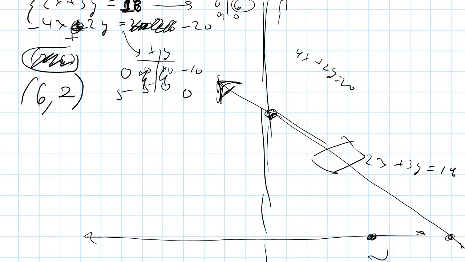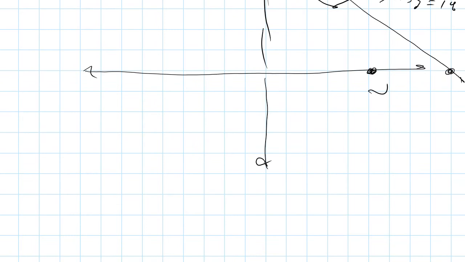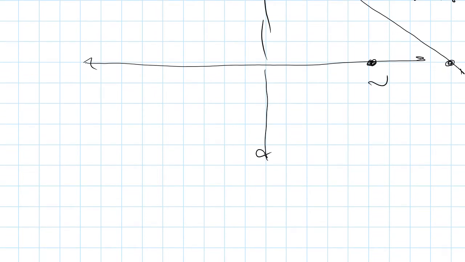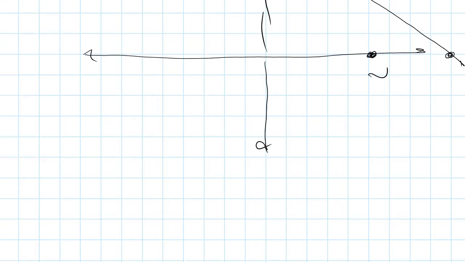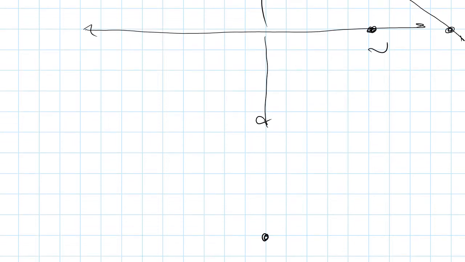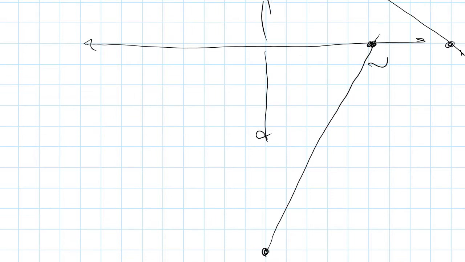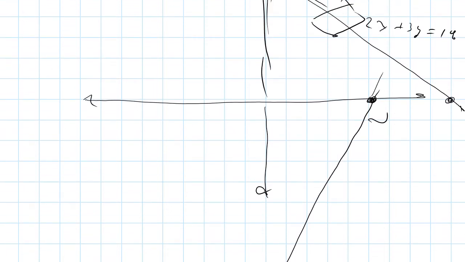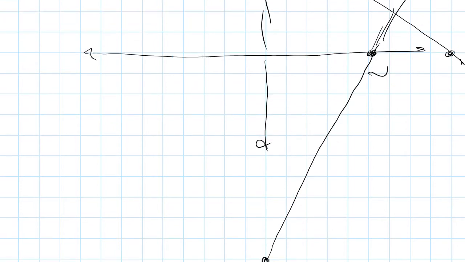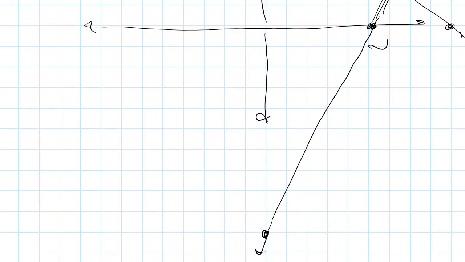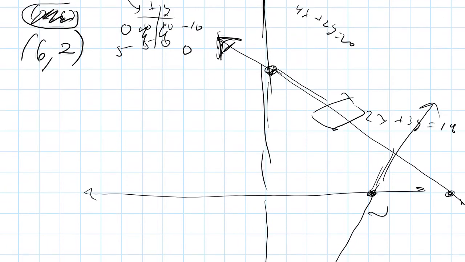But now the other point is at 0, negative 10, which is 1, 2, 3, 4, 5, 6, 7, 8, 9. 1, 2, 3, 4, 5, 6, 7, 8. Okay, so my other line is down here now.